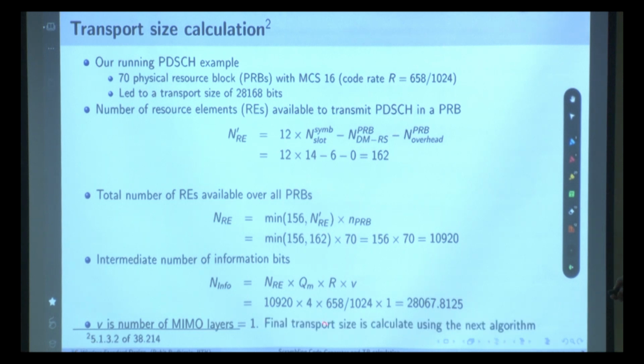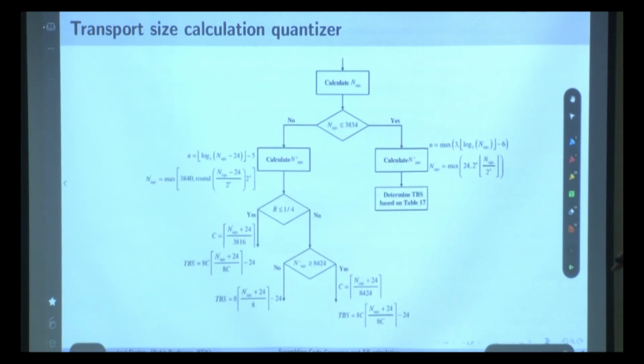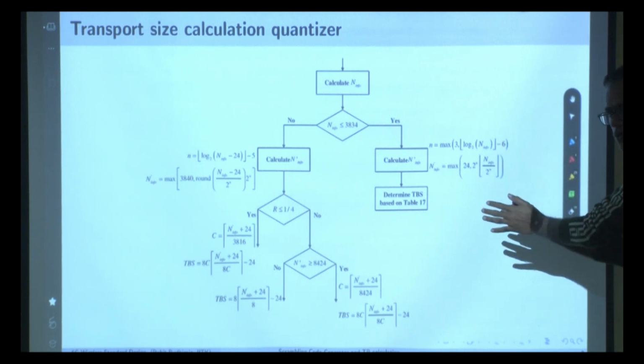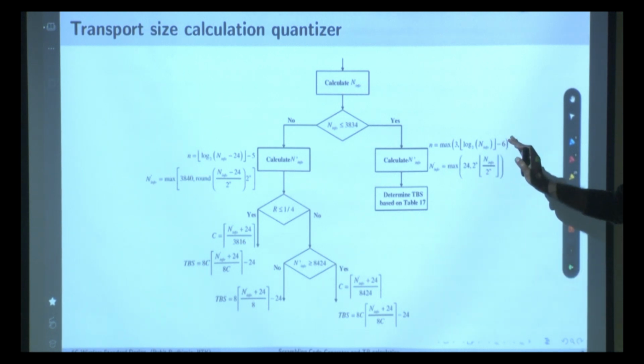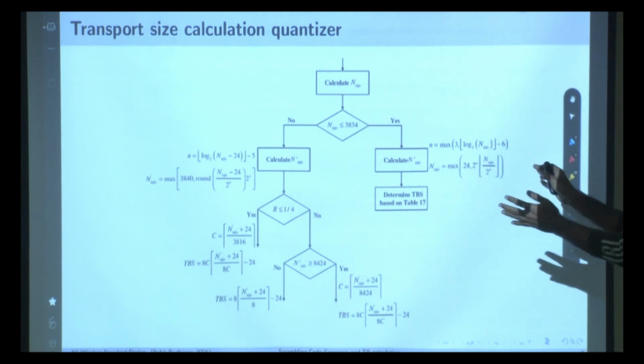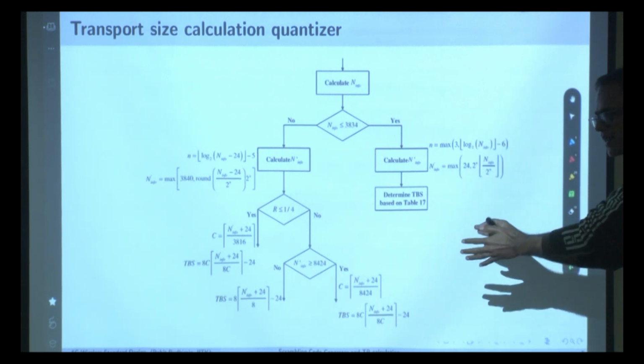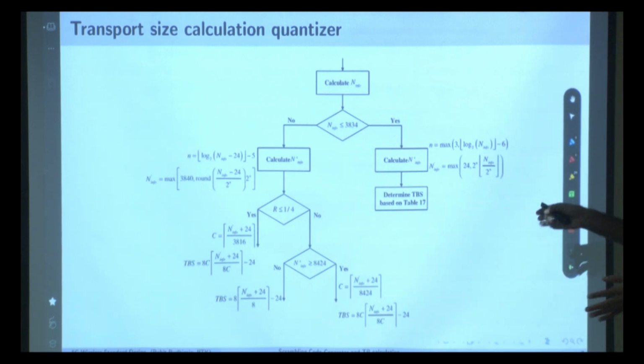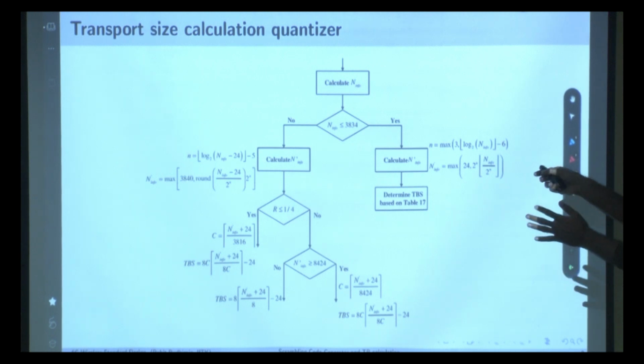So this final transport block size is calculated using this quantizer algorithm. I am not going to go into the detail because all those details are not relevant. It is just to show you that those two objectives are met by implementing this quantizer.